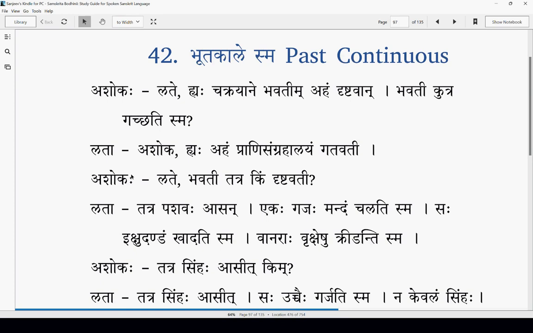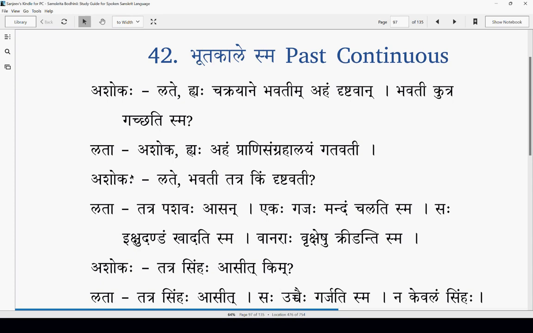In the present form, in Sanskritam, there is no present continuous. The simple present, like saha khadati, can be used in both senses.